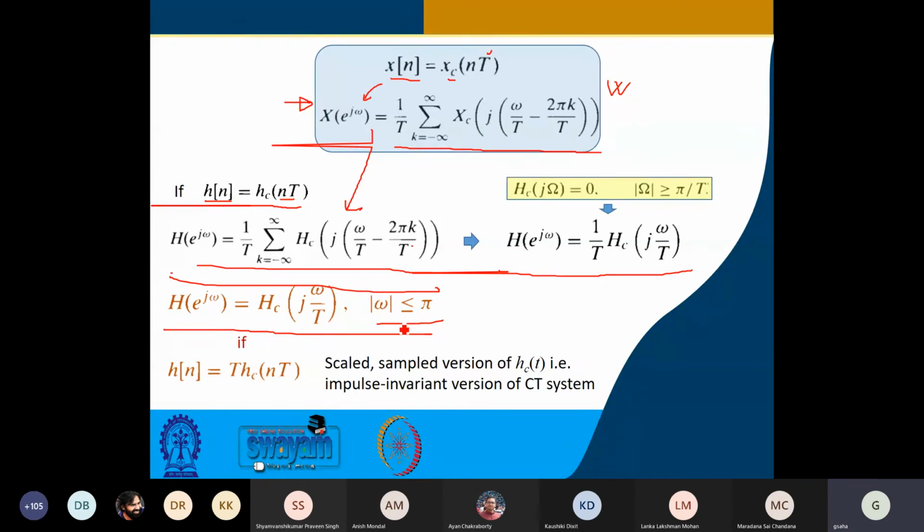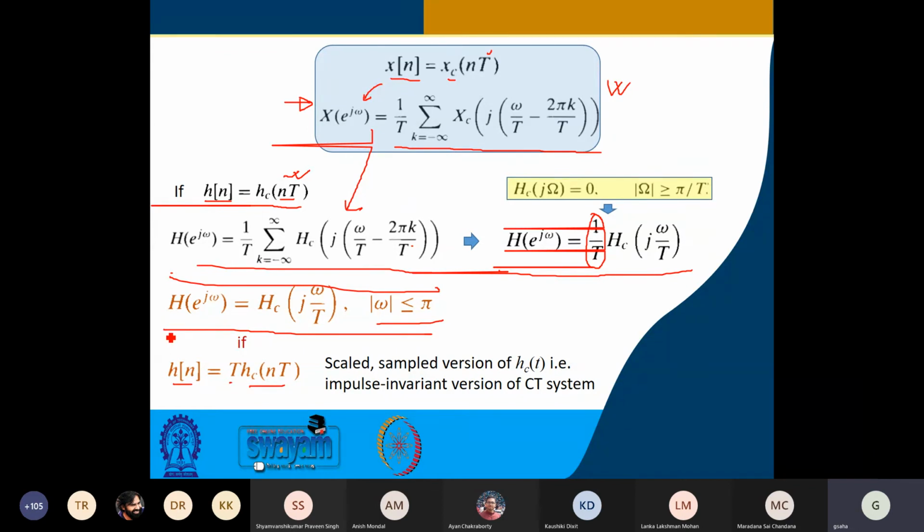Right. Now this is what we desire, because ω/T is capital Ω, but for the factor of 1/T. This will occur if you take h[n] as T times h_c(nT), not just h_c(nT) the way we had started. T is the sampling period that we shall be using for the corresponding equivalent digital signal processing system.